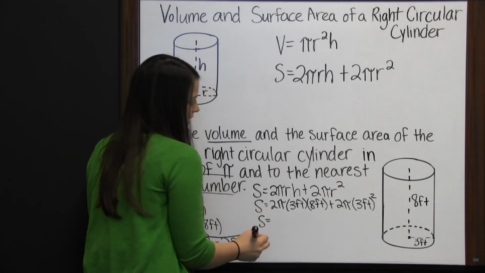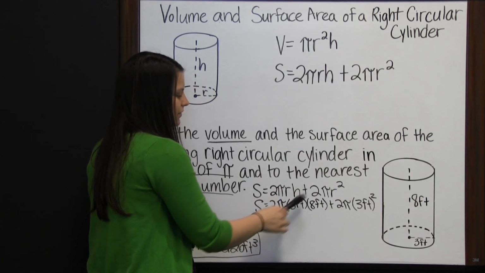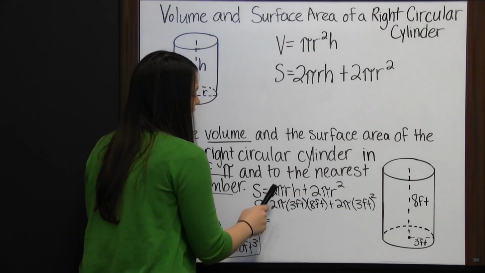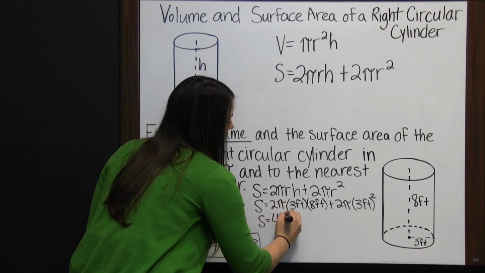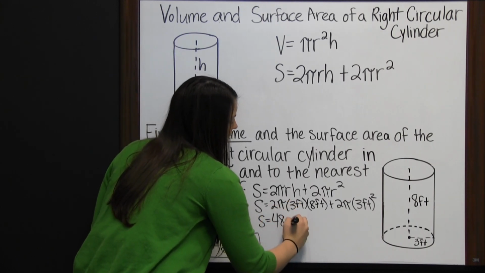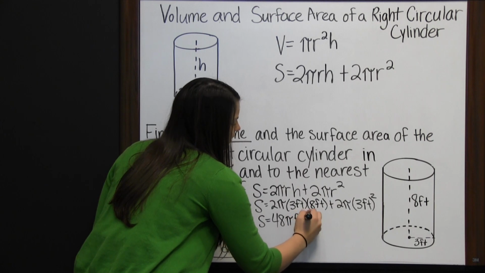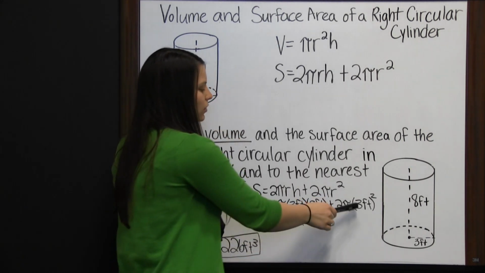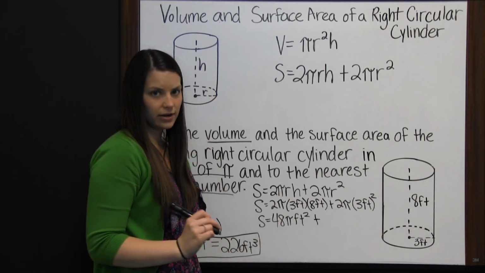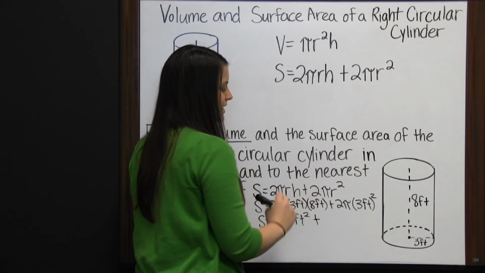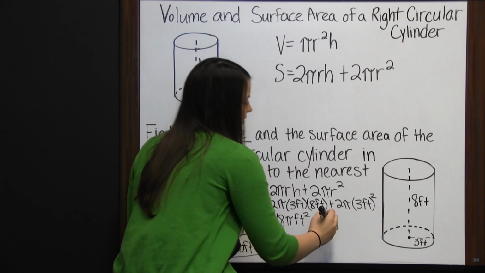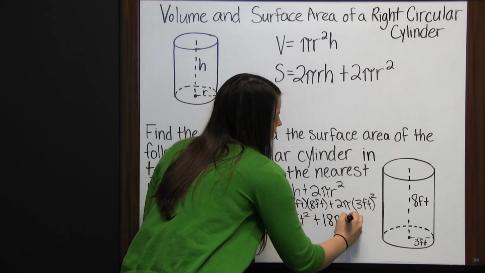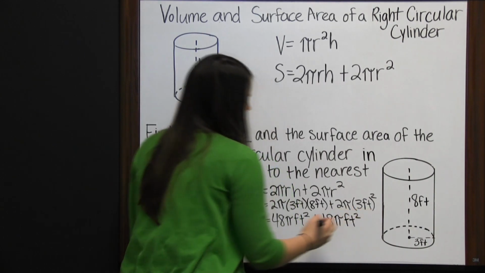So the surface area is 3 feet times 8 feet is 24 feet squared, times 2 is 48 feet squared, times pi, 48 pi feet squared, plus, starting with 3 feet squared, 3 feet squared is 9 feet squared, times 2, 18 feet squared, times pi, 18 pi feet squared.